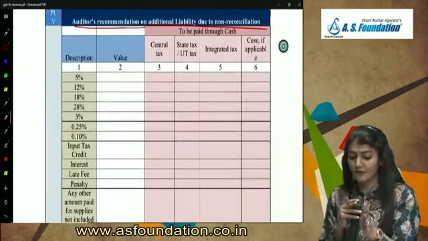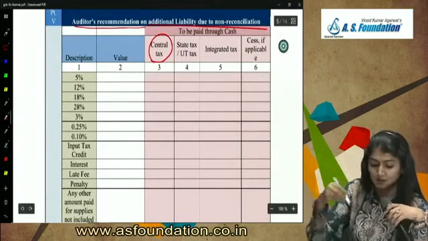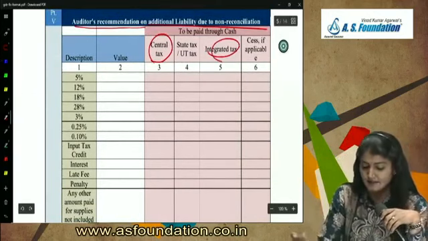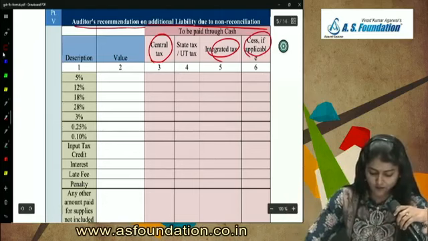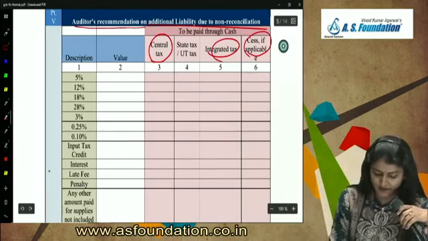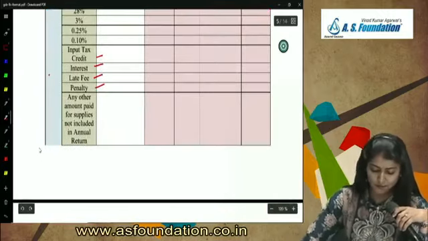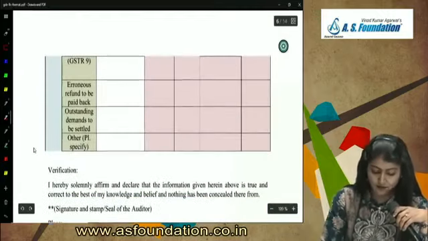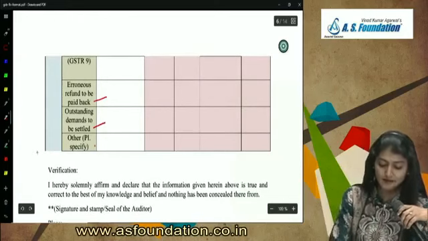So the description, value, the central charges, the CGST, SGST, UTGST, integrated tax, GST, and the cess if applicable. And it also talks about the input tax credit, the interest, late fee, penalty, any other amount for supplies not included in annual return, erroneous refund to be paid back, outstanding demands to be settled, and others.